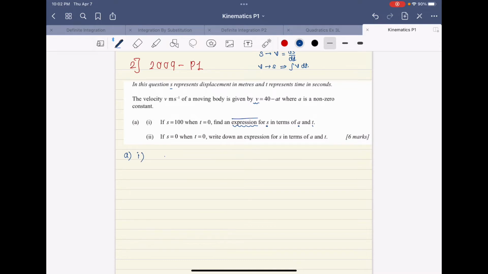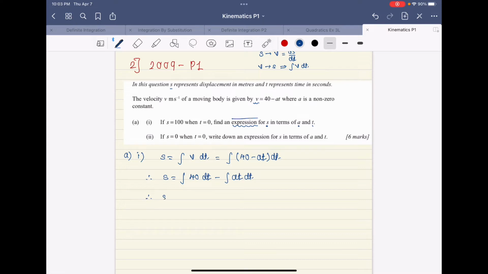I will write down directly s is equal to integration of v dt. So in this case, your v is 40 - at, dt. So your s is equal to, separate this, integration of 40 dt minus integration of at dt.